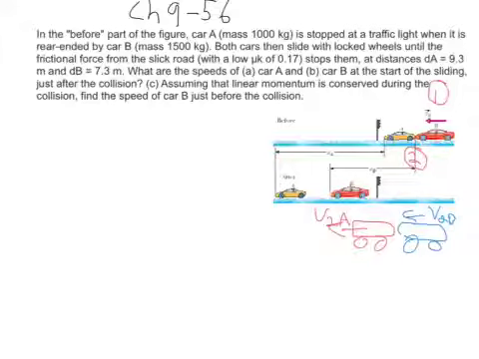It's going to be moving slower than it started, but it's still moving. And then we have point 3 in time shown here, which is when they've both stopped, and we can see that the velocities of both of them at point 3 are 0.